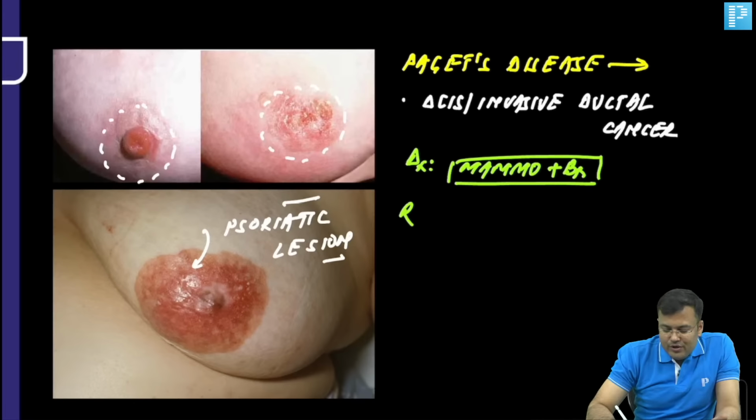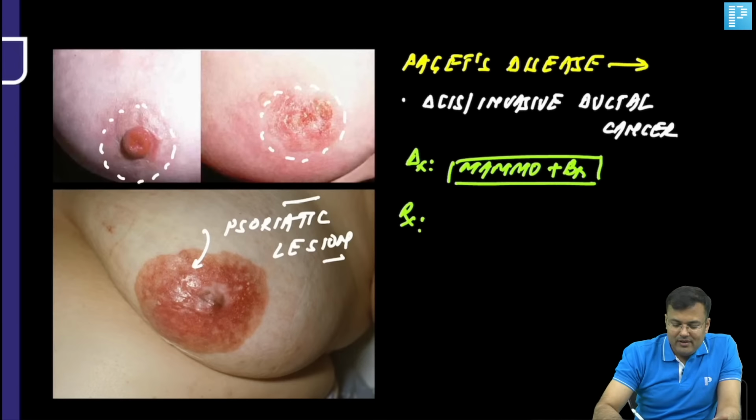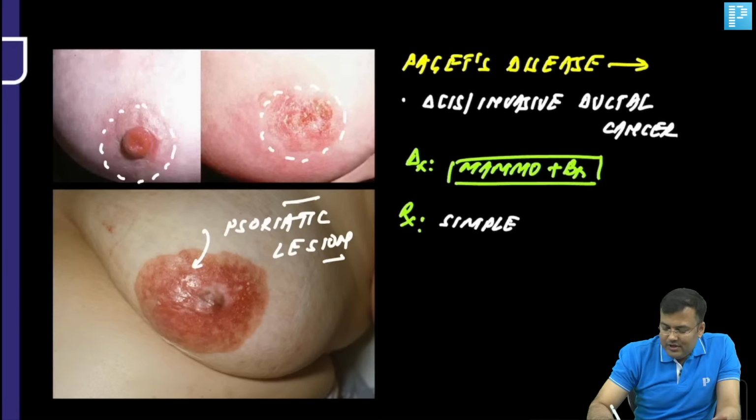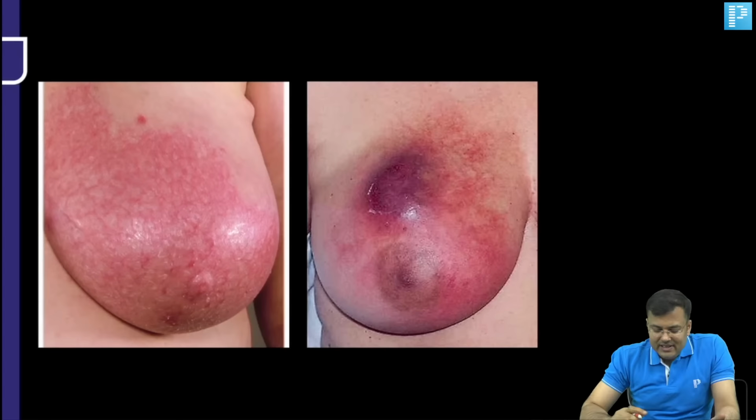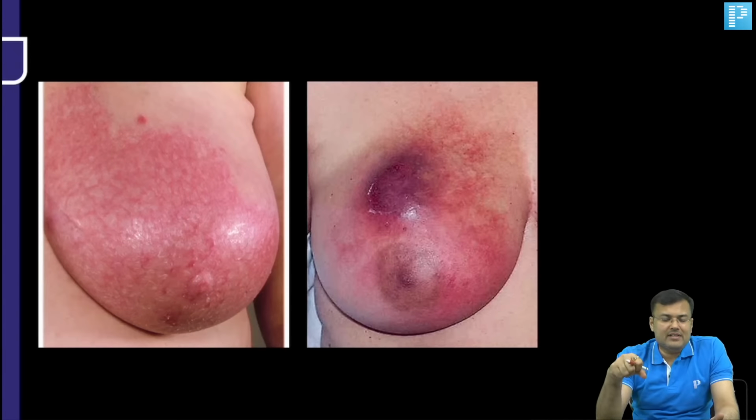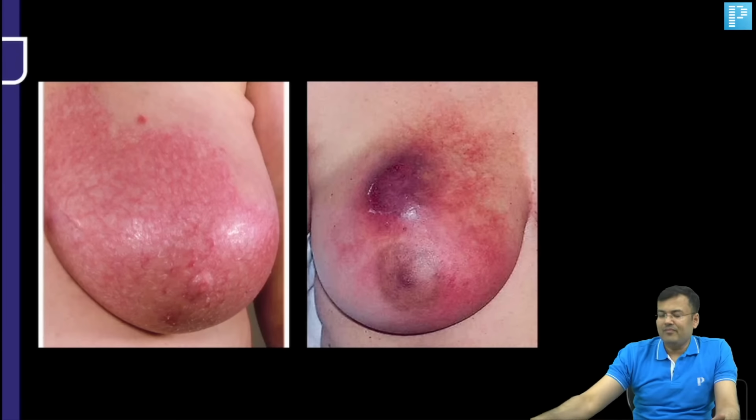We are going to do simple mastectomy. So we perform simple mastectomy for Paget's disease of the nipple. Okay. Next, easiest question, guys: see both of the breasts, tell me what's the diagnosis.